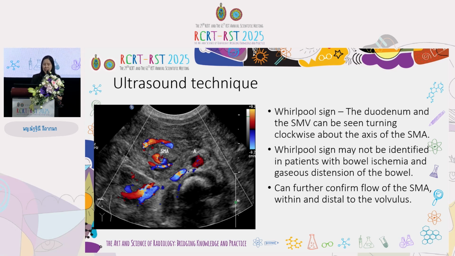However, the whirlpool sign may not be visible in patients with bowel ischemia because perfusion is reduced or absent. And in patients with gaseous distension of the bowel, the gas will obscure the ultrasound beam. Also, the ultrasound may confirm the flow of the SMA if we see the SMA within and distal to the volvulus.